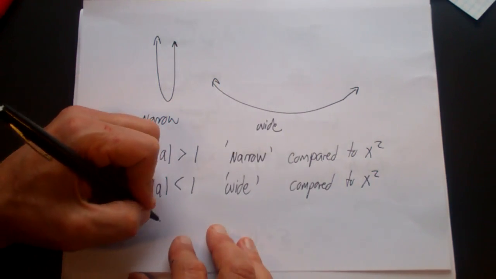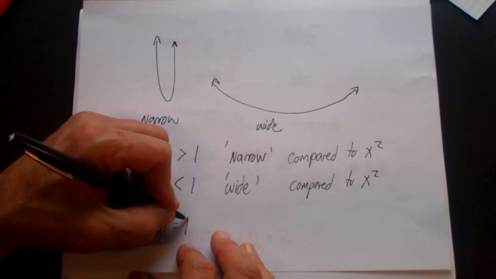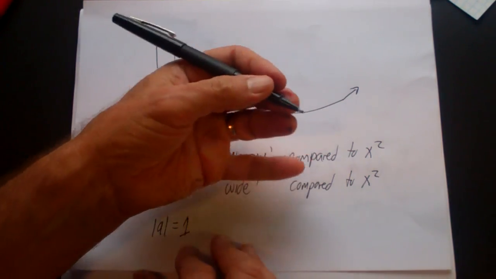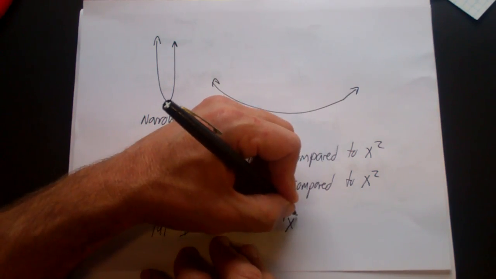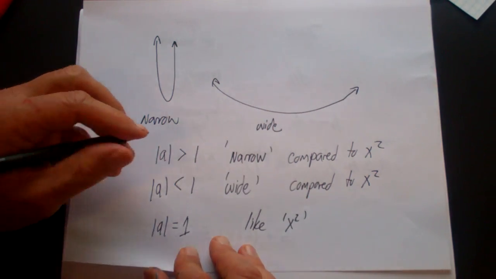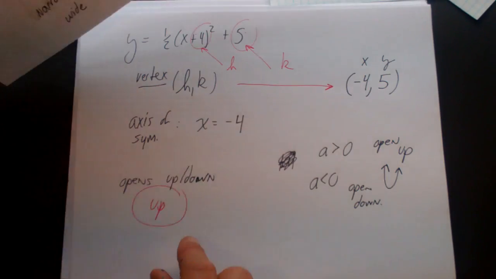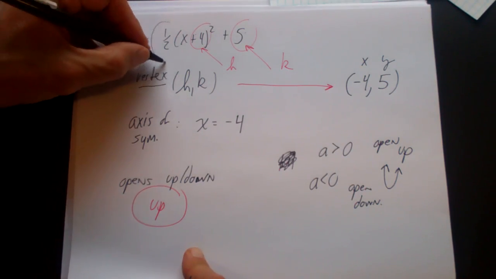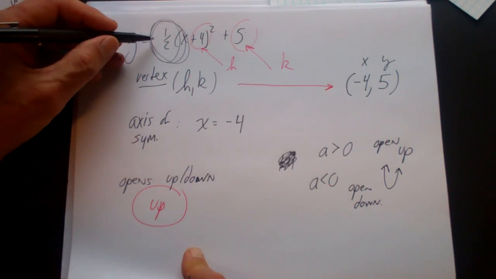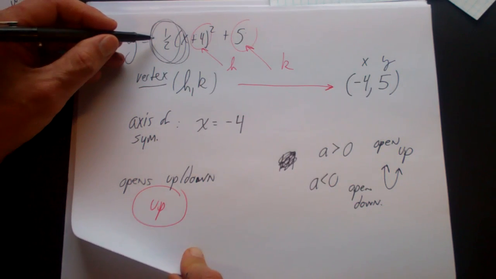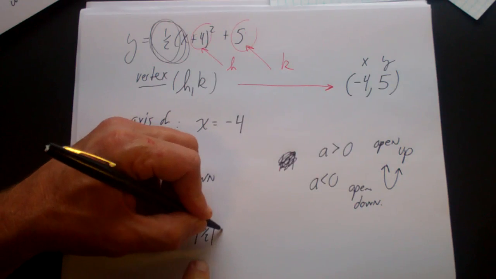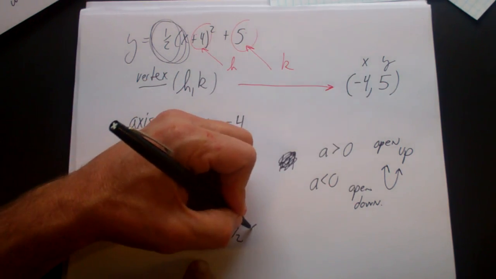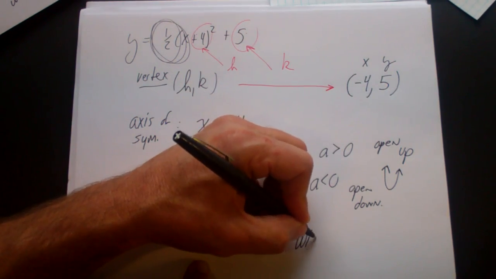If the absolute value of a is equal to 1, then it's not narrow or wide. Then it looks like x squared. So if you look at this problem right here, this is 1/2. The absolute value of 1/2 is equal to 1/2, and 1/2 is less than 1, so we know this is going to open wide.